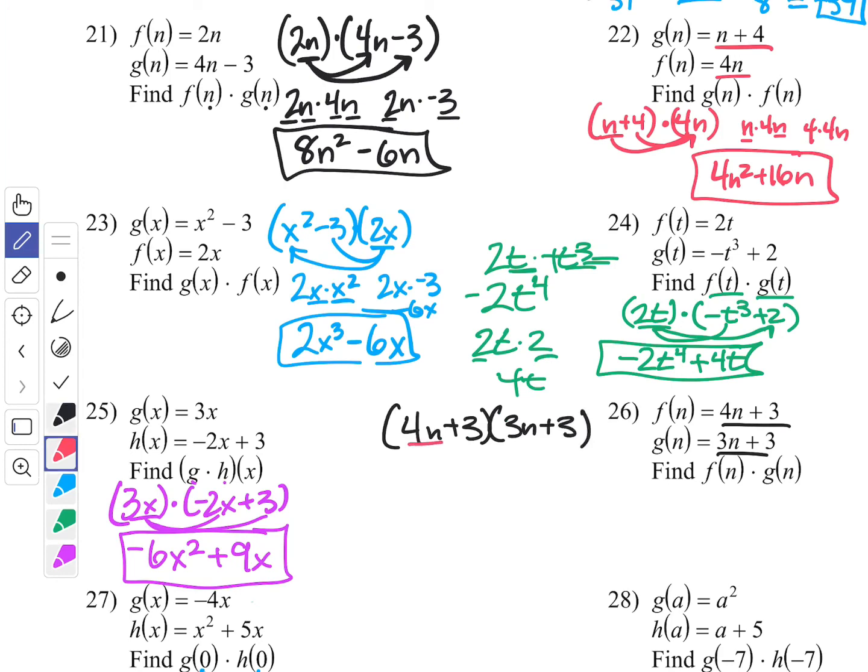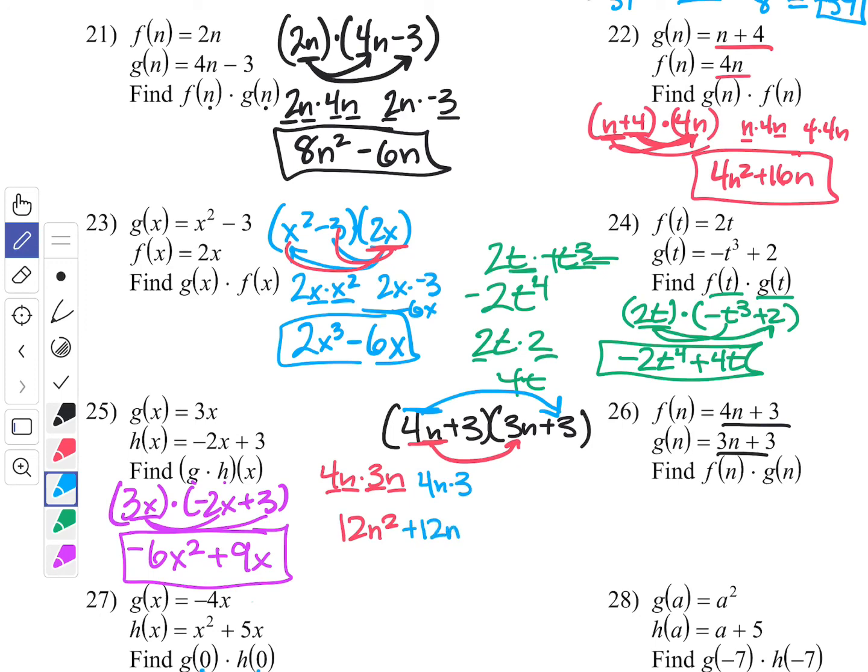And now each piece here is going to multiply the other two. So I'm going to go 4n times 3n. Okay, just like here, right? Each one had to go to both of those two, or each one had to go to the other two. So 4 times 3 is 12, n times n is n squared. Then I'm going to go 4n times 3. 4 times 3 is 12, positive, so positive 12, and then with the n.